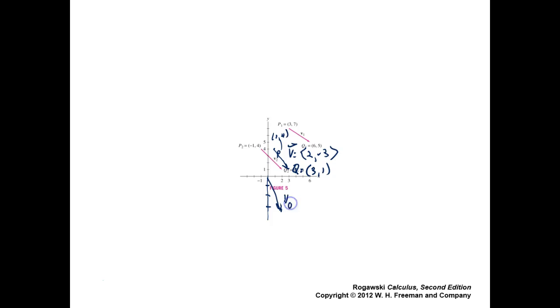This is vector V0, which is equivalent to vector V. Mine doesn't look like I've got it too wide there, but that's the equivalent vector. But this is a position vector because its tail is at the origin. So vector V0 is also <2, -3>. It's just that this one has a terminal point of (2, -3).